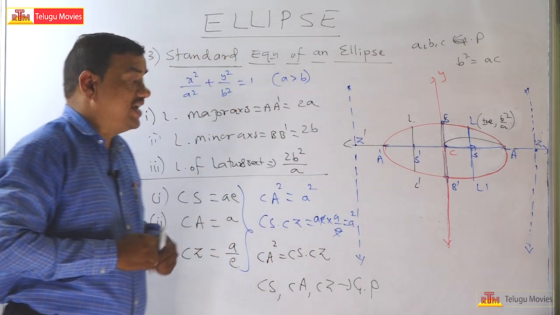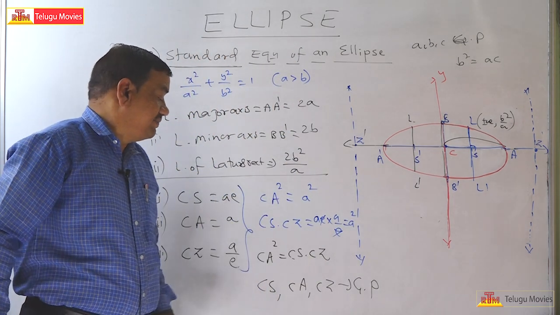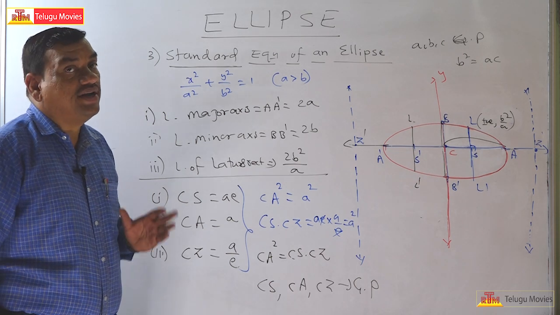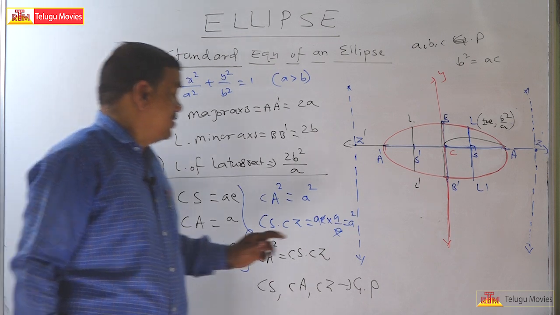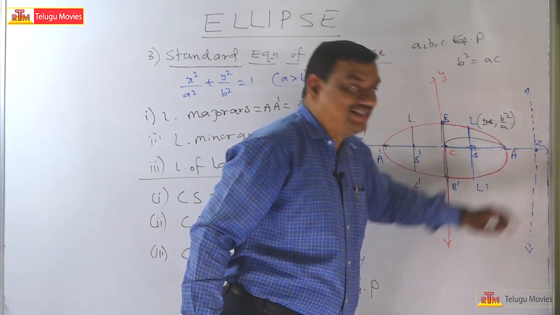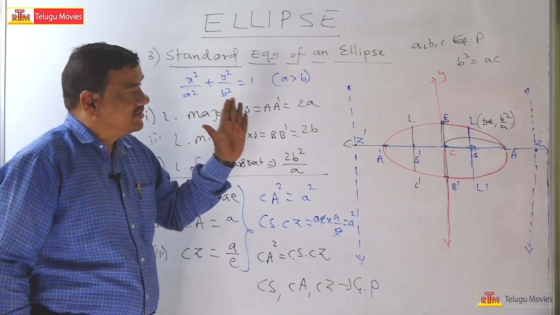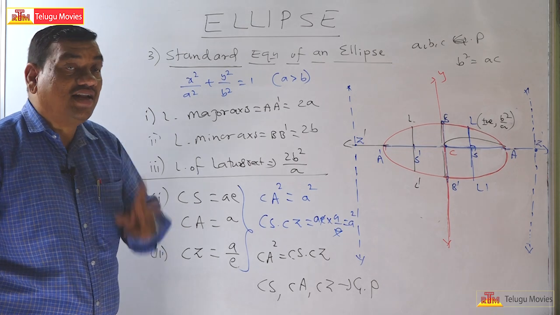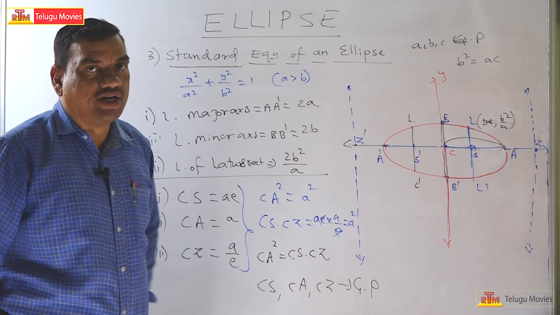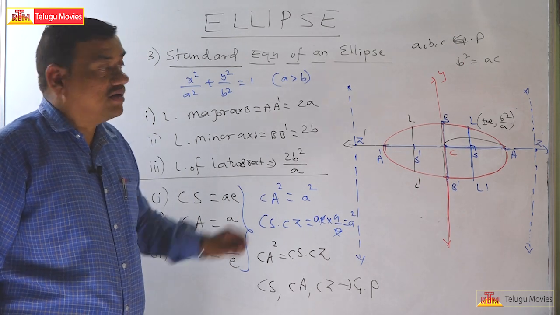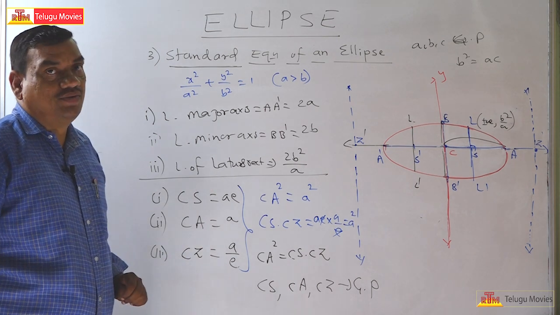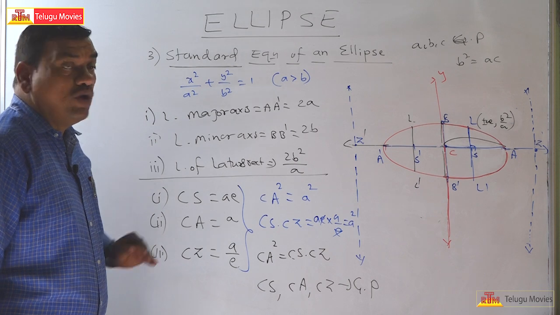So CS, CA, CZ, those three lengths will be in geometric progression. One of the important results that we get by observing these three results. Okay, and some more properties are also there.